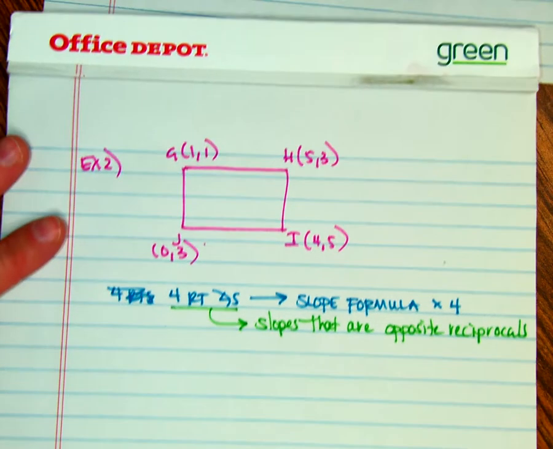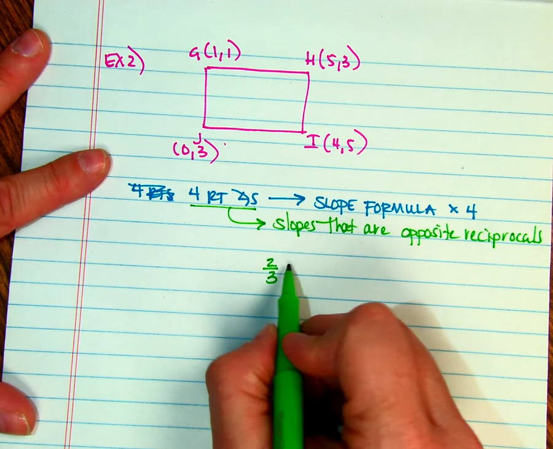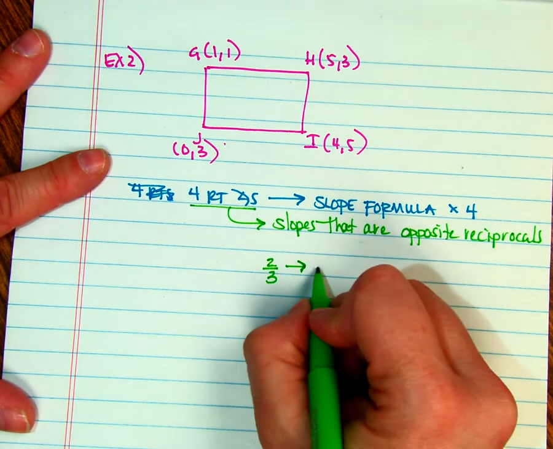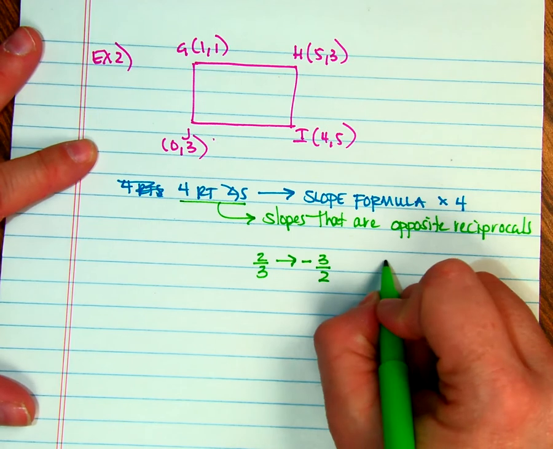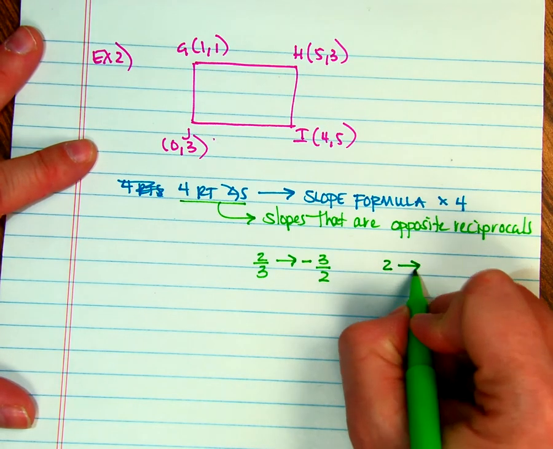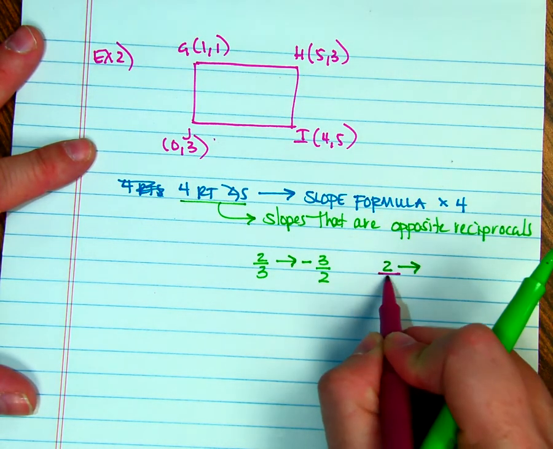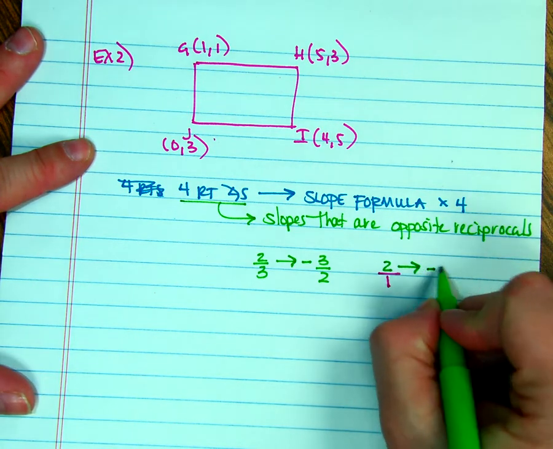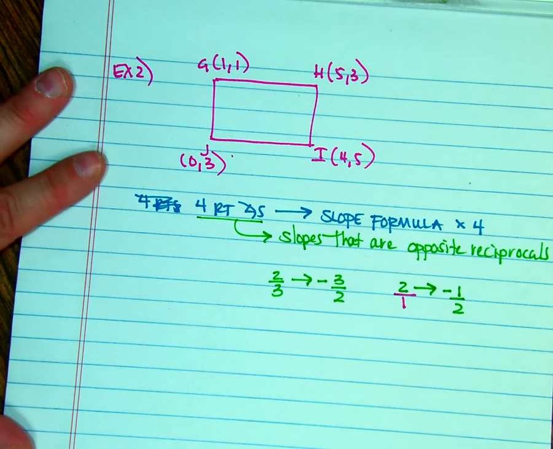So quick refresher on that. If we have a slope of 2/3 and we're looking for the opposite reciprocal, it's going to be -3/2. If we have a slope of 2, don't forget that this is the same thing as being written over 1. So the opposite reciprocal would be -1/2. So real quick refresher there.